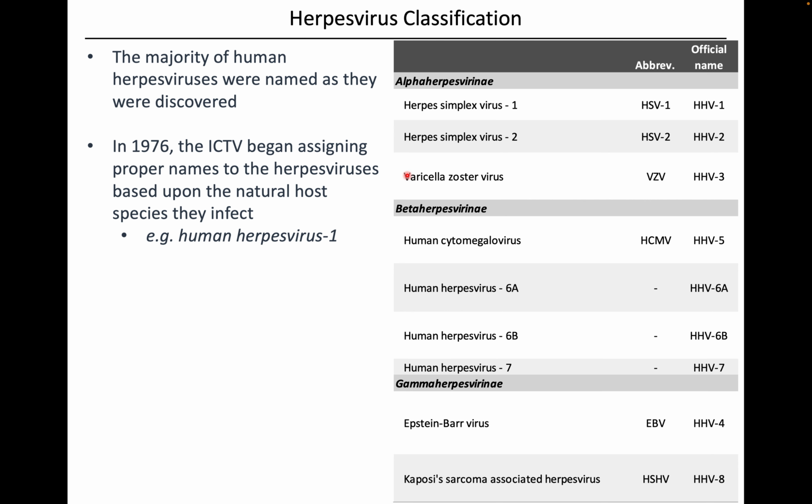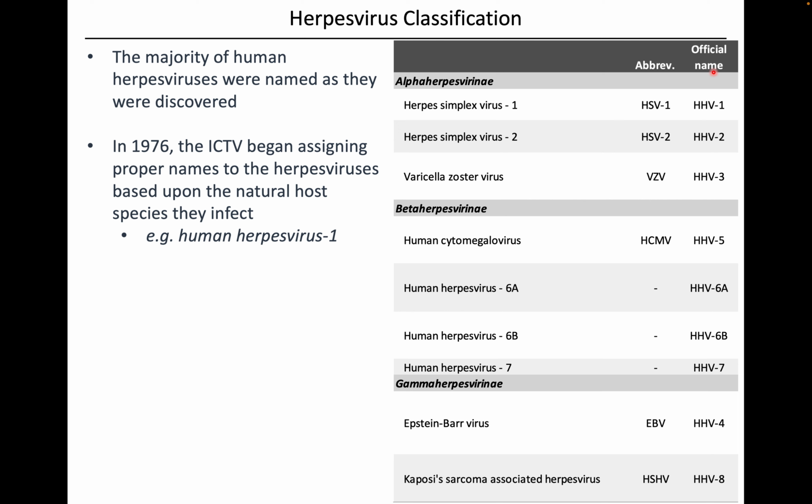So the naming can be a little bit confusing with herpes viruses because originally they were either named for individuals, like Epstein-Barr virus, Kaposi sarcoma virus, or they were just numbered as they were discovered: herpes simplex 1, herpes simplex 2. So in the 1970s, to try to make this a little bit more uniform, they started renaming some of these.